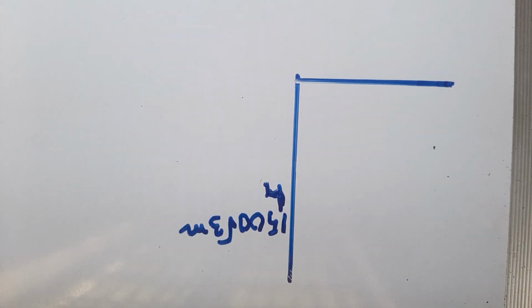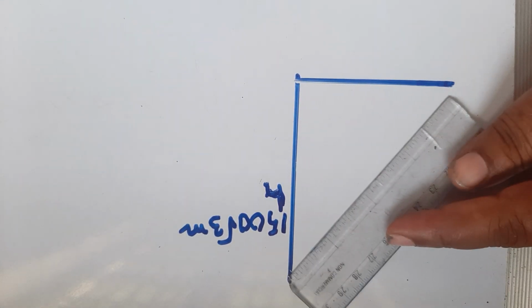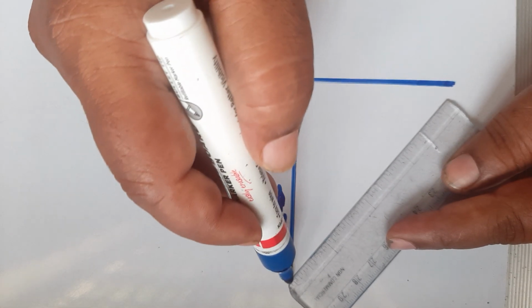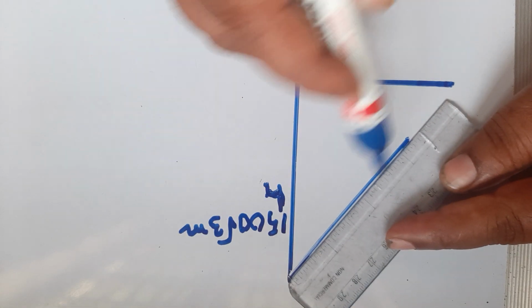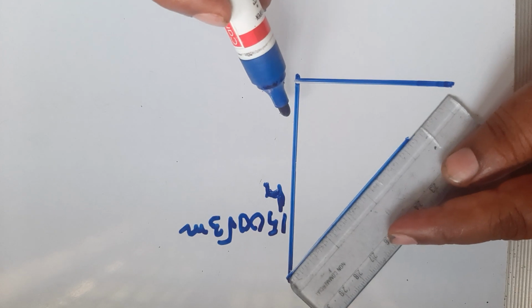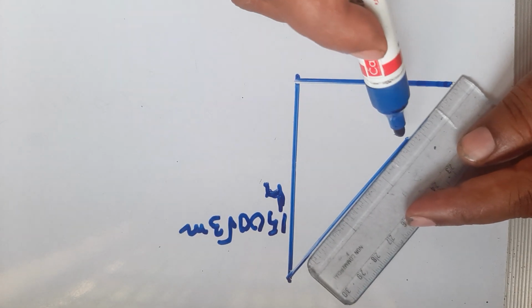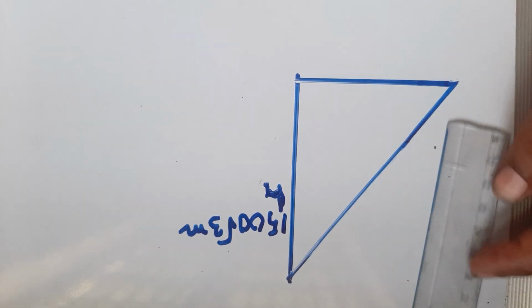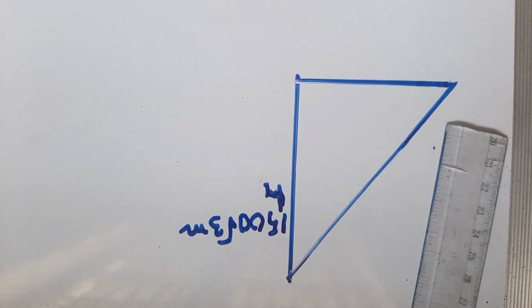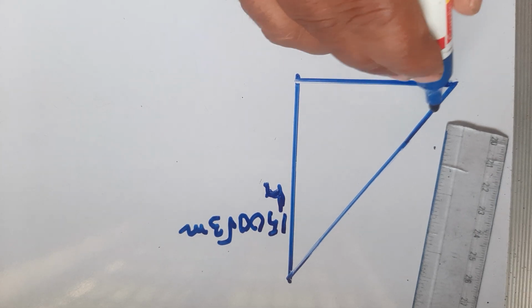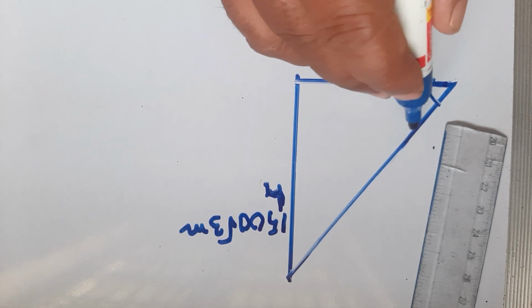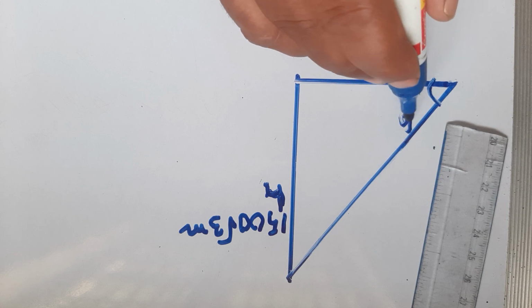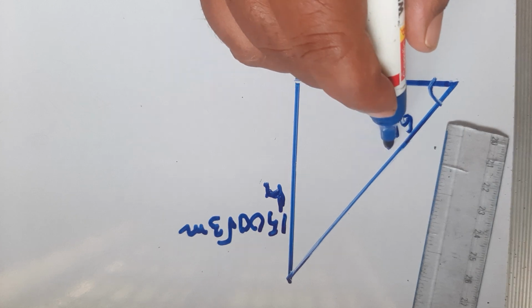It is given as 60 degrees, and we have to draw it. So this is the 60 degrees angle.